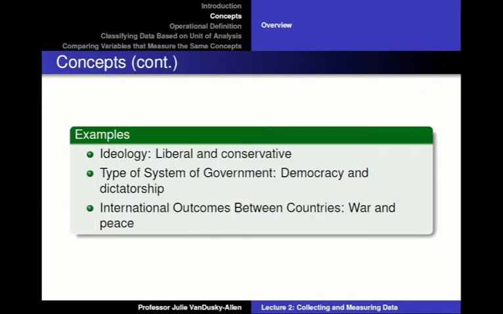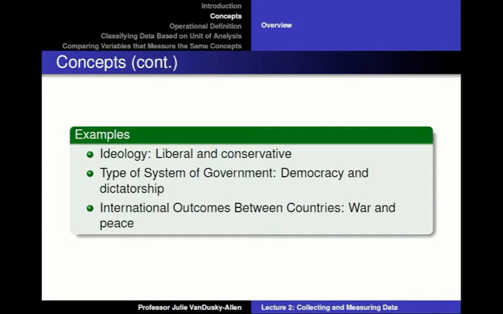For example, we know some people are liberal and conservative, but what does that mean exactly? Typically, we define liberals as individuals who believe the government should play a large role in economic issues, but a small one in social issues. And conservatives are individuals who believe the government should play a small role in economic issues and a large one in social issues.